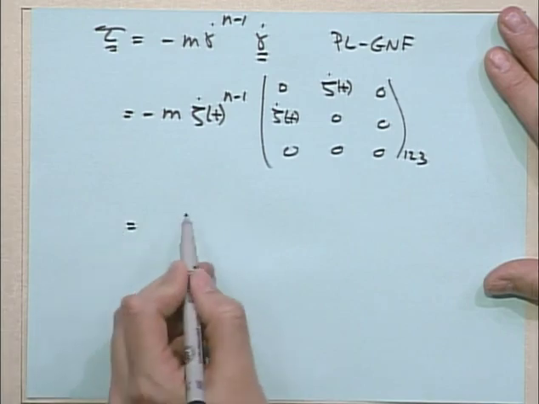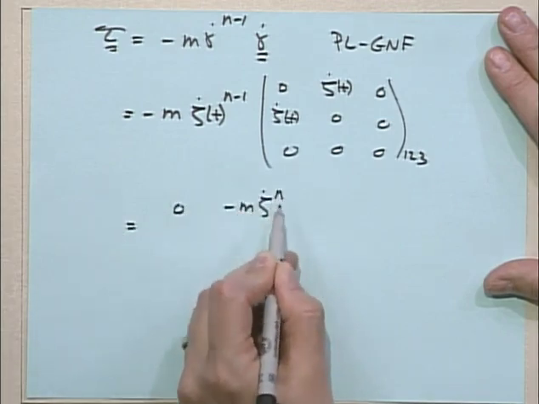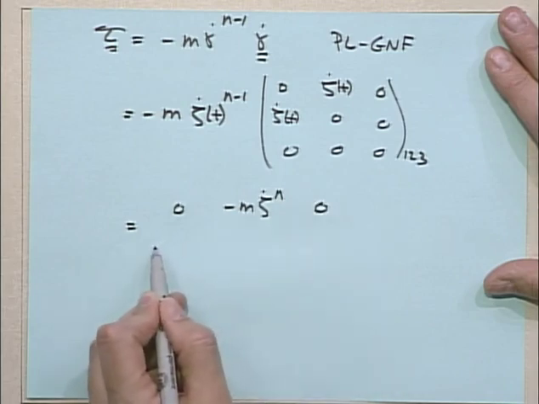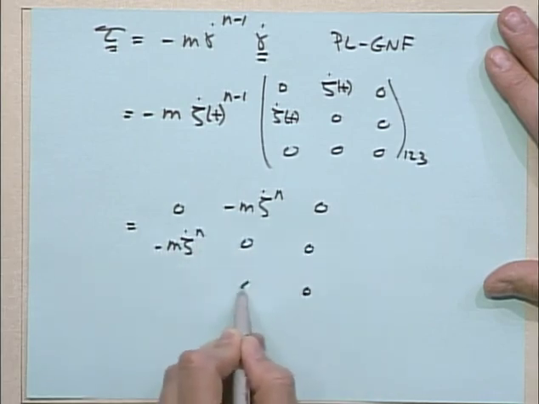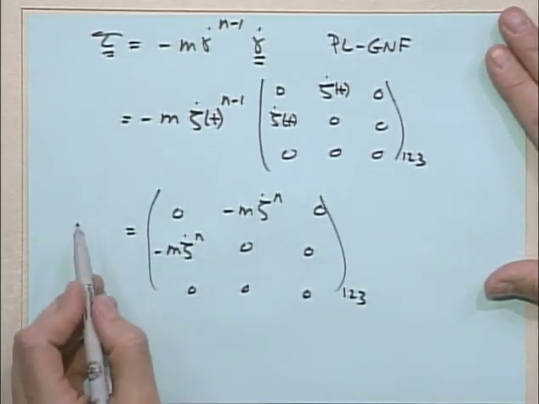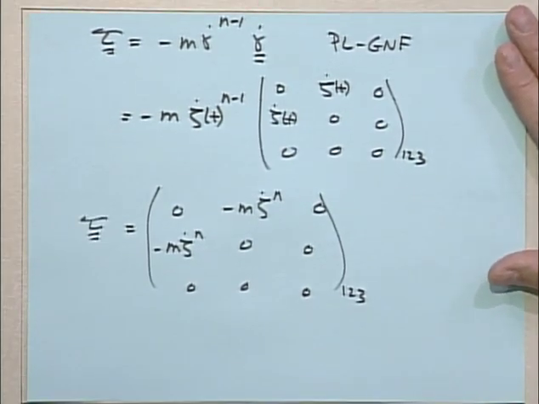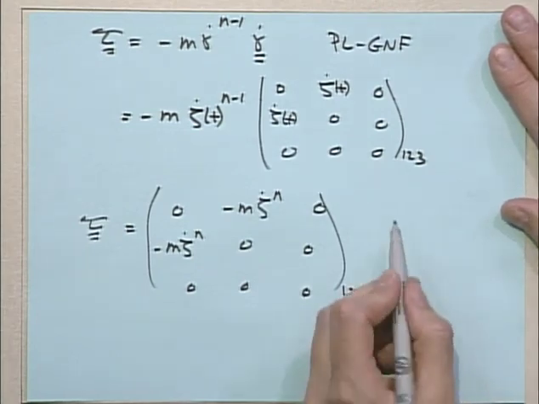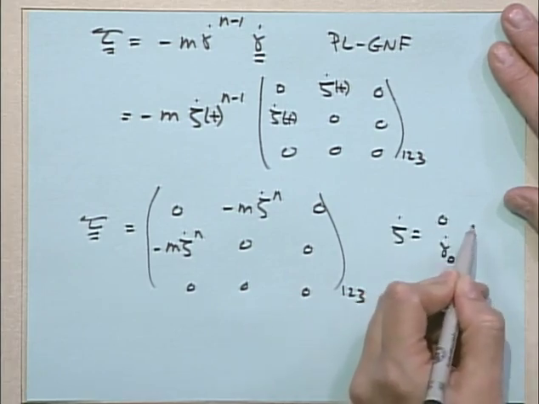So we get 0 minus m sigma dot to the n. Now sigma dot is this crazy function. It's 0 and then it's a constant.